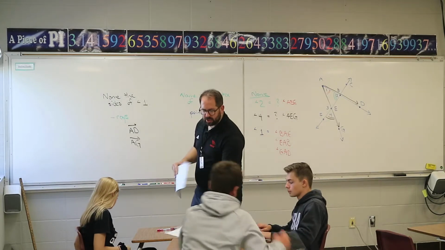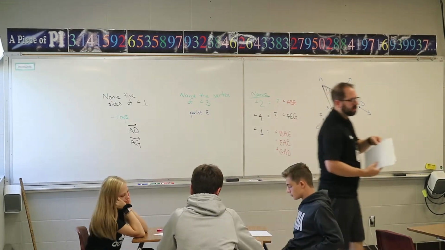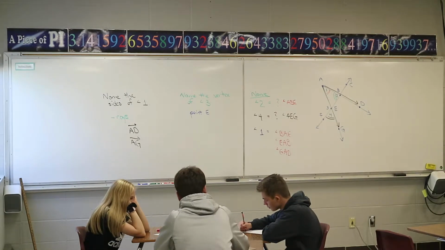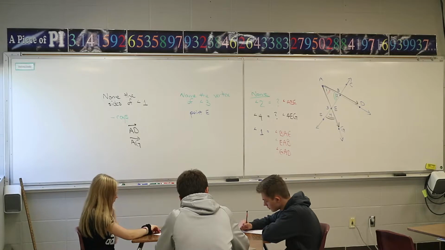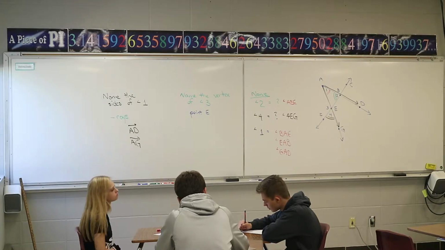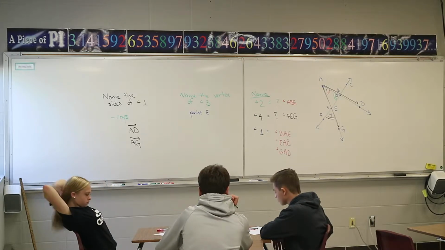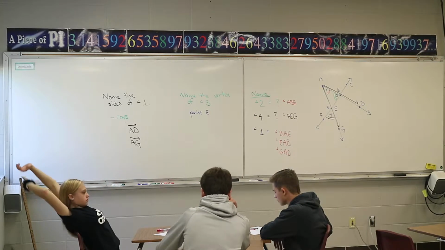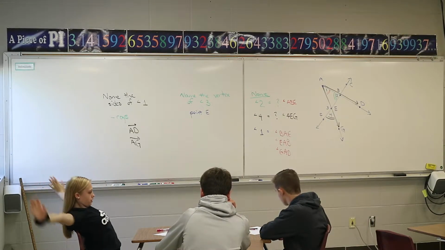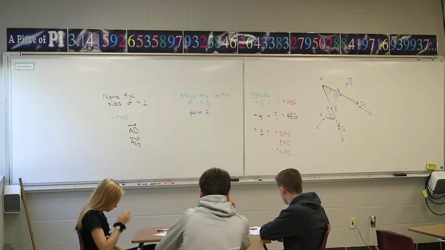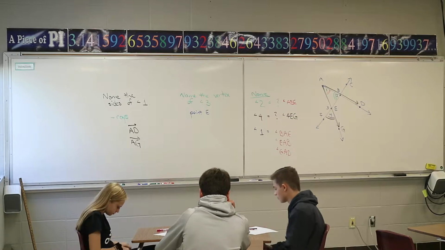If you have your protractor, you can have that out too, because I said you might need that. I don't know if I just totally put it away, but protractor is a good thing to have. So again, if you have your protractor, not a bad idea to have that out.